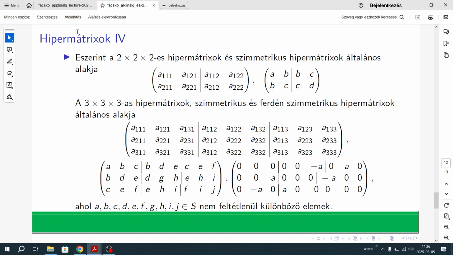Perhaps it's easier. So everywhere it is 0.